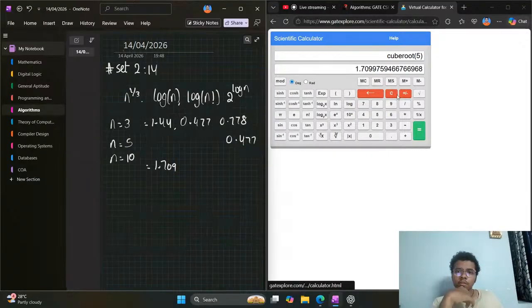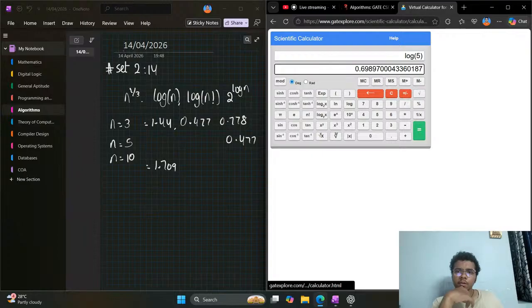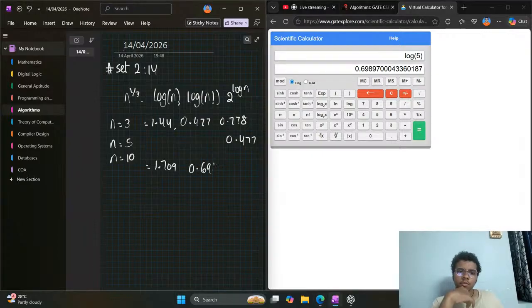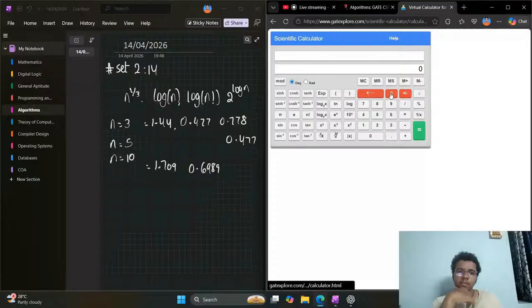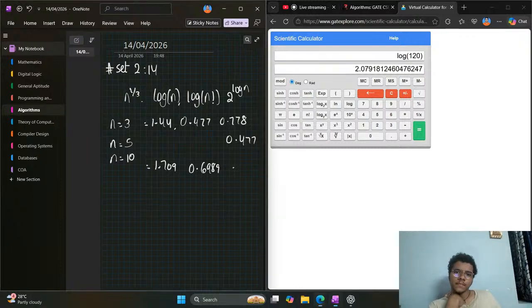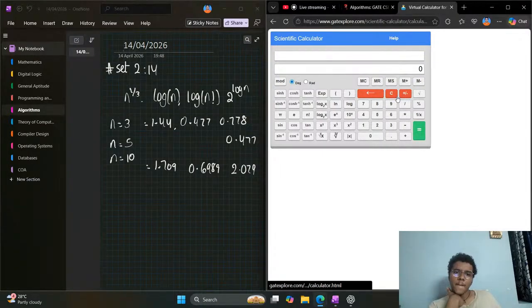I don't know what I'm doing. Right. 5 log 0.6989. Okay, 5 factorial is 5 fours are 20, 3 twenties are 60, 2 sixties are. Okay, wait. 2.079. 2 to the power of 5 log.